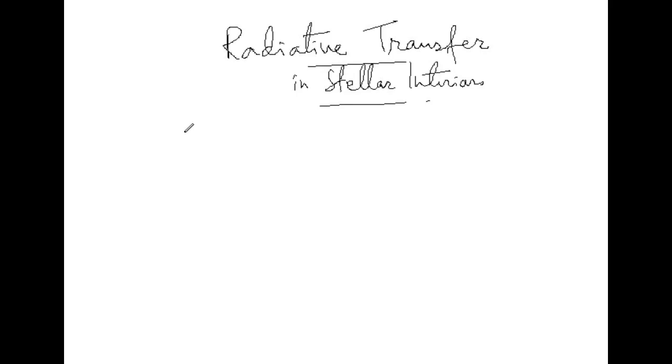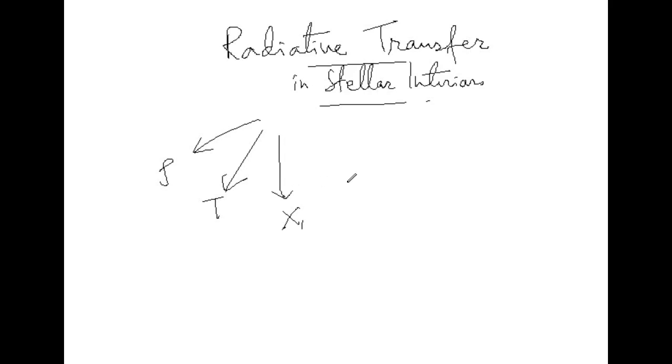What we need to do after that is to obtain an expression for the transport of radiant energy through the layers of the star, and that too in terms of density, temperature and composition, right? So for that we will spend some time on the envelopes of stars.